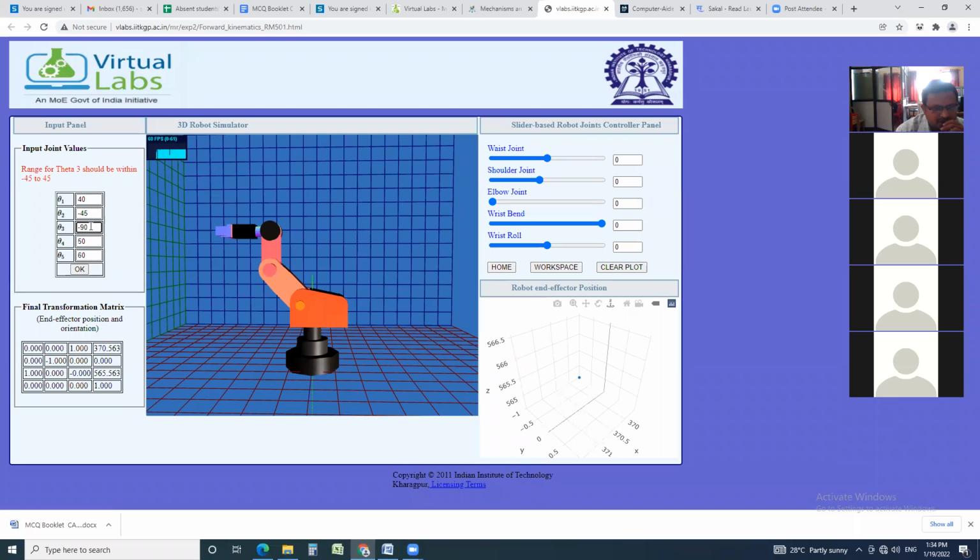Range of theta 3, 45 I will put. 0, suppose, I will put. Now see that it is processing. See how it is moving.